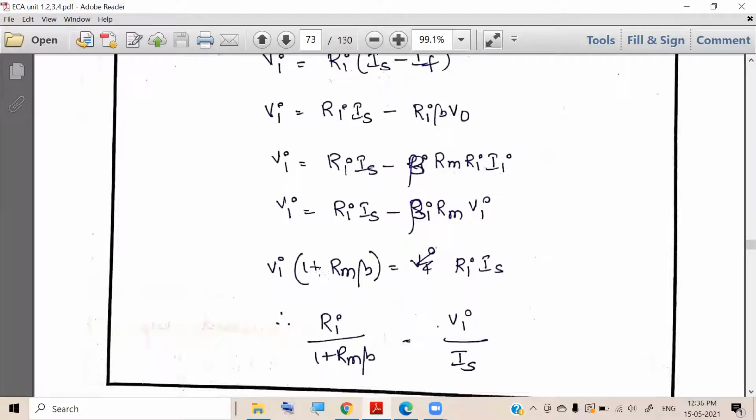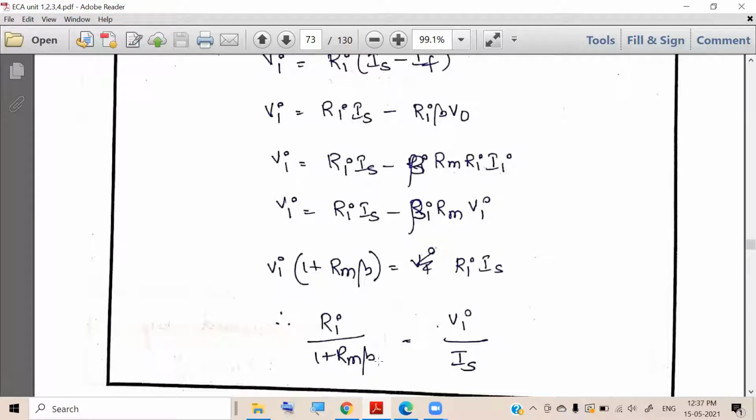Then 1 plus Rm beta we are sending to the other side. So Vi by Is will be equal to Ri by 1 plus Rm into beta.